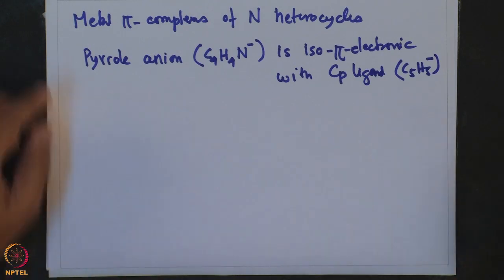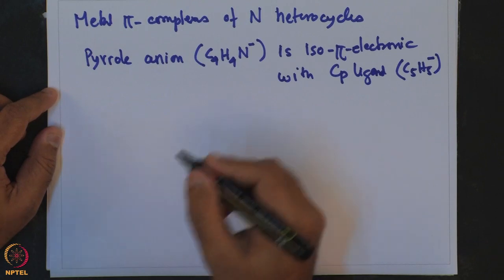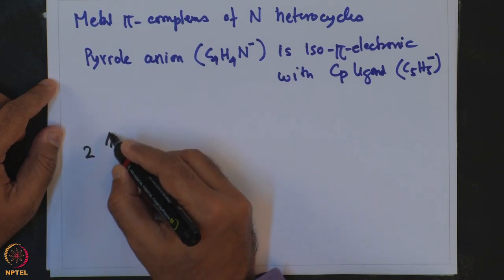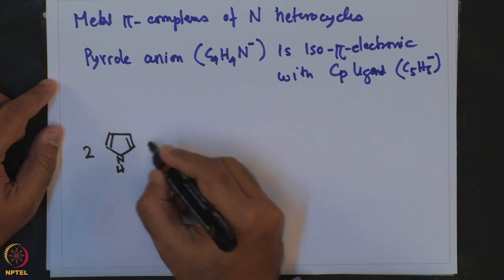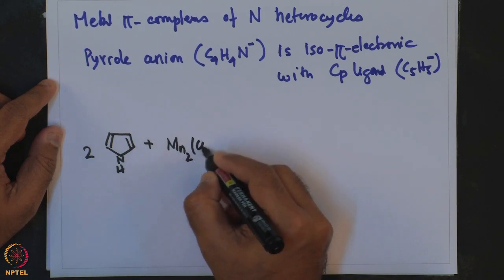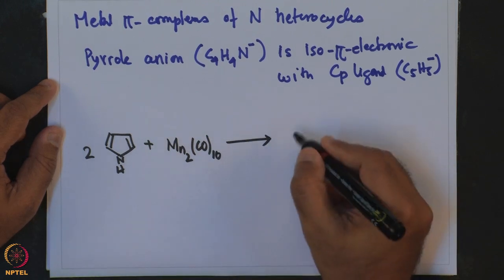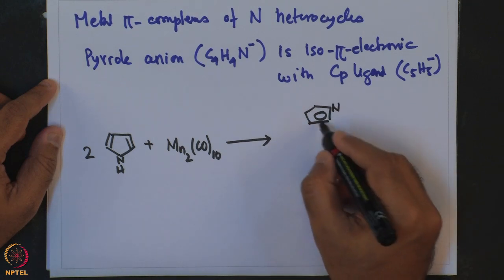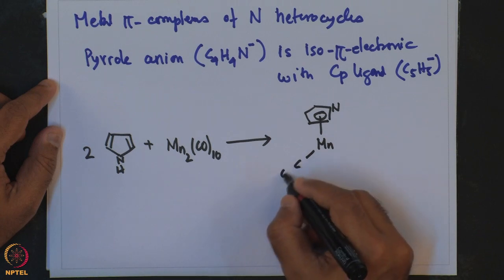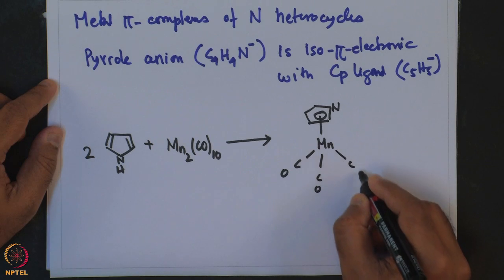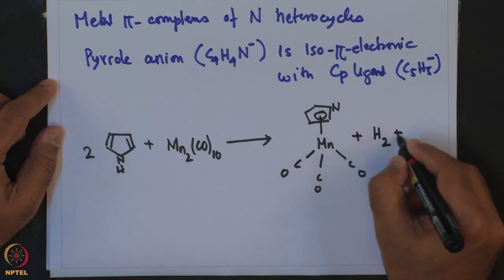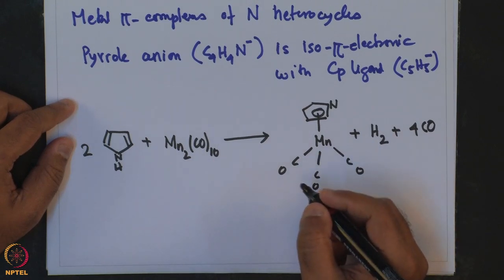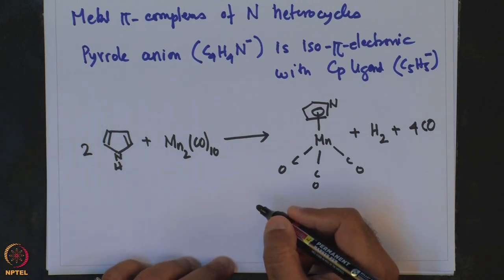okay, and this is given in this by this reaction, where a manganese half sandwich complex has been prepared by direct reaction of pyrrole with Mn2(CO)10, giving pyrrole bound manganese complex plus H2 plus 4 CO, and this is commonly referred to as azacyclopentadienyl complex.